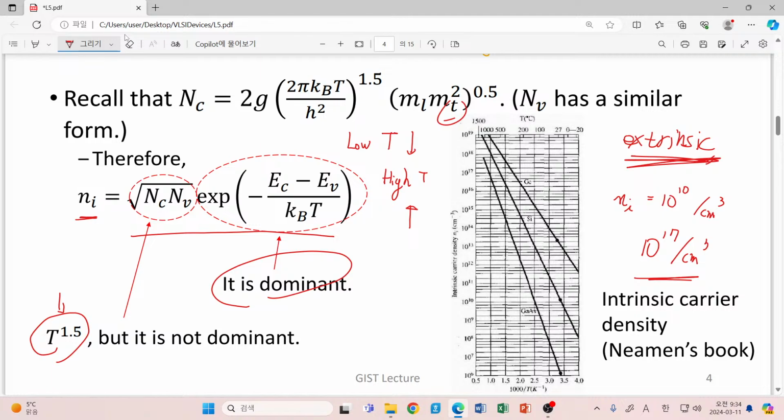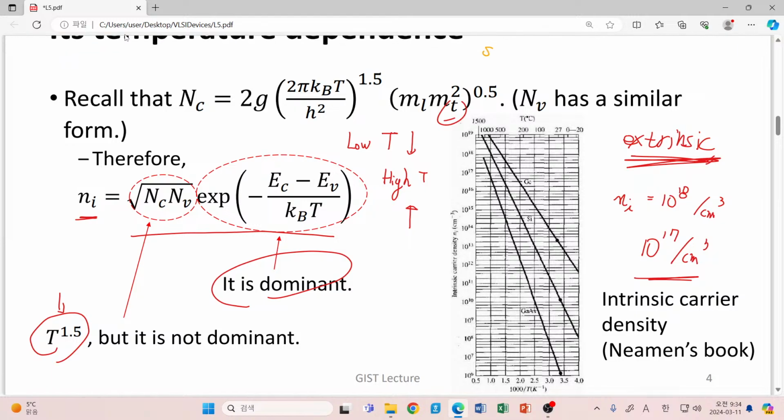However, now think about another case, where our intrinsic carrier density is 10 to the 18 per cubic centimeter. Then what happens? When you introduce 10 to the 17 per cubic centimeter doping density, it can be regarded as nothing, because basically there are 10 to the 18 electrons in it, and we introduce just 0.1 times more electrons into it, so it can be safely neglected.